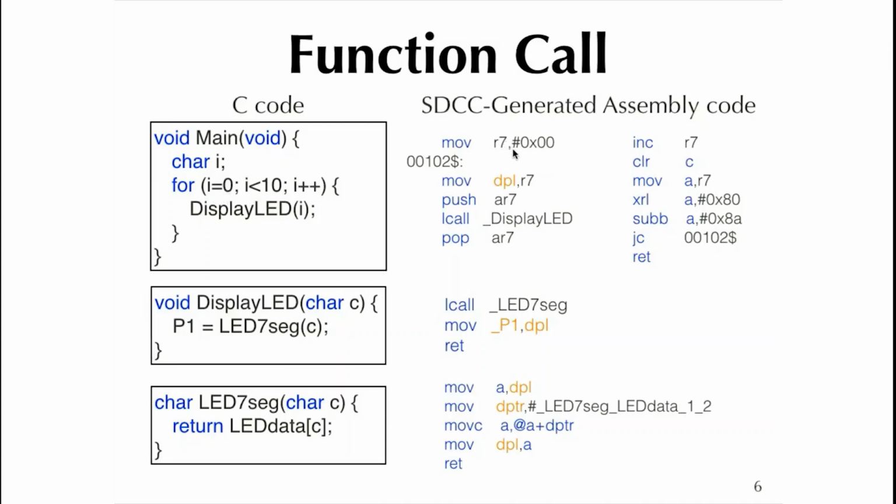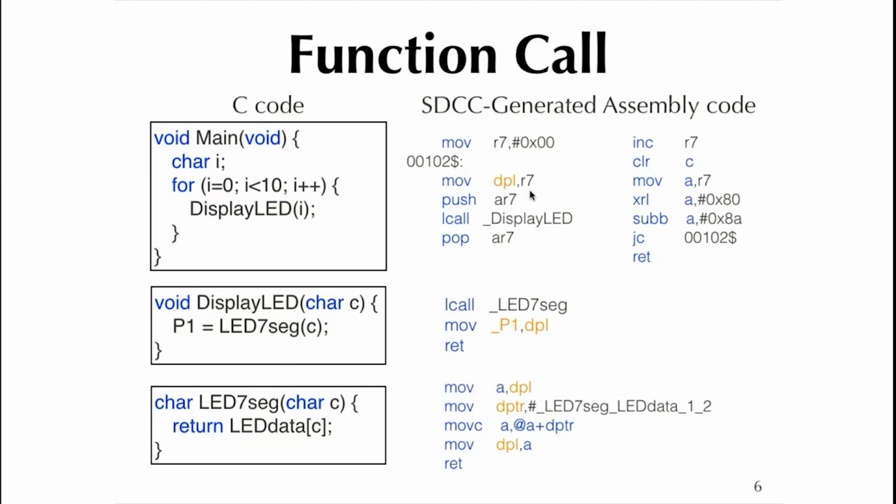So R7 gets 0, and then there is that label again. Then move DPL, comma R7. So DPL gets R7. Why would you do that? Well, if you remember, SDCC passes its parameters in DPL, DPH, and then a few others.